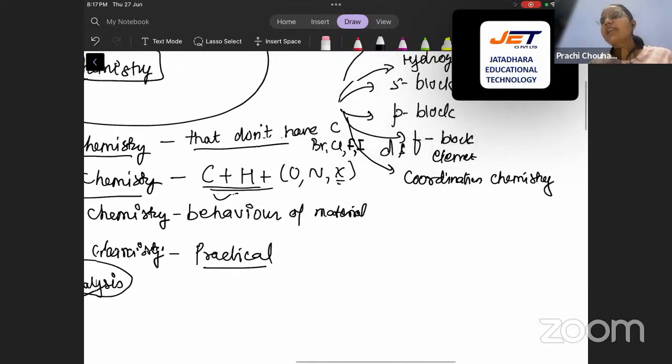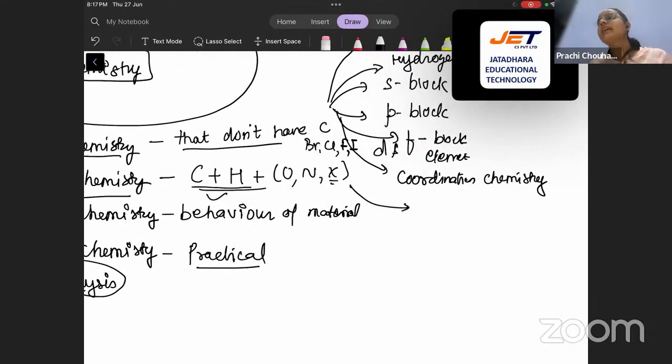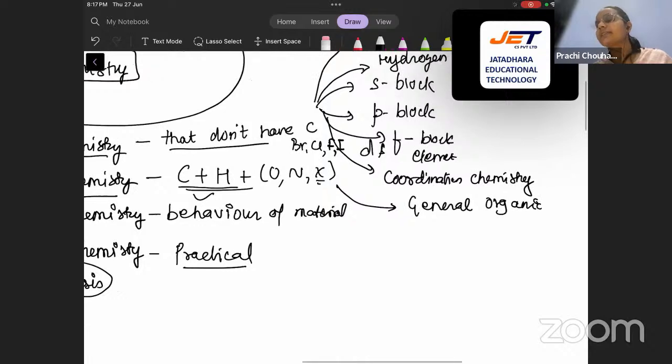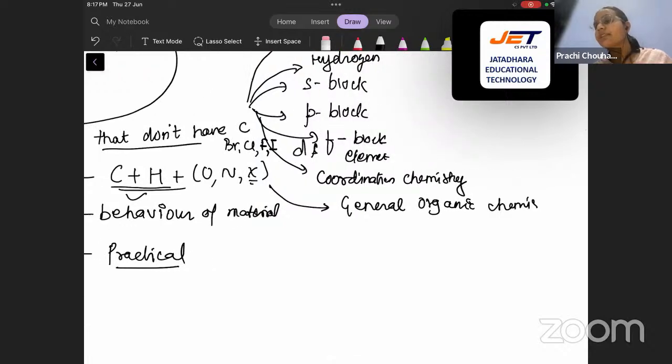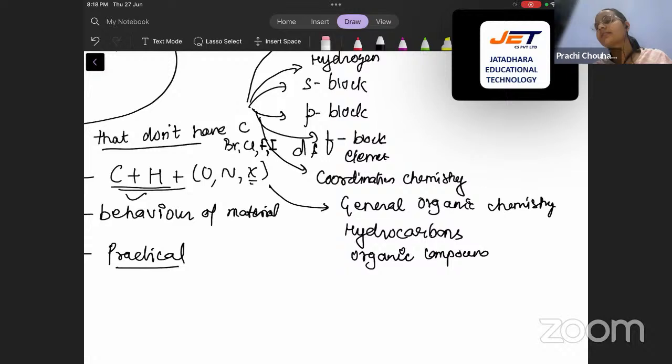Now in organic chemistry, we will be learning about general organic chemistry, which basically includes classification and purification of the compounds. Then we will learn about hydrocarbons. And then the organic compounds containing what atoms?